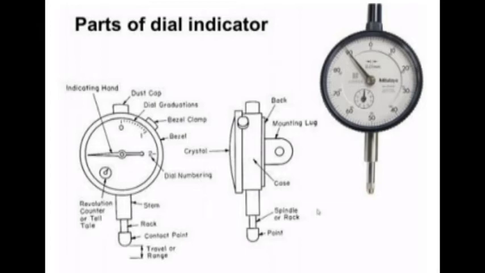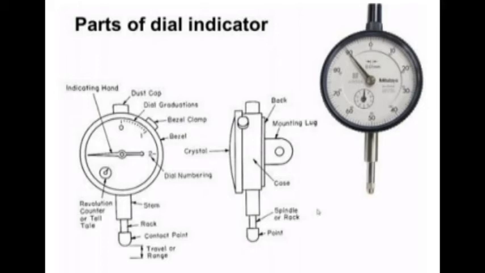Then we have the stem connected to the back and to the body of the dial indicator, and then there is a rack or spindle, and a contact probe mounted on the rack. Now there is a mounting lug, so using this it can be mounted to the stand.